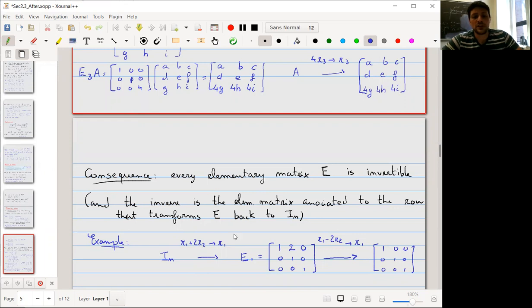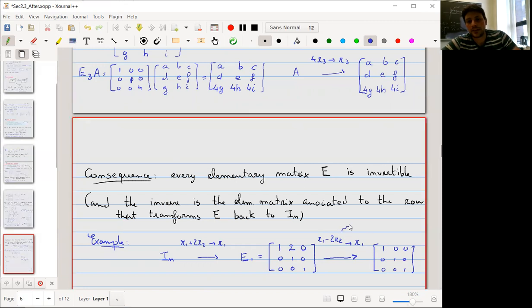Let's have a look at this example here. My row operation, replace first row with itself plus twice the second, gives me my matrix E1 from our example. But then to get back to the identity, I will apply the inverse operation, which is subtract twice the second row from the first, and that gives me the identity.